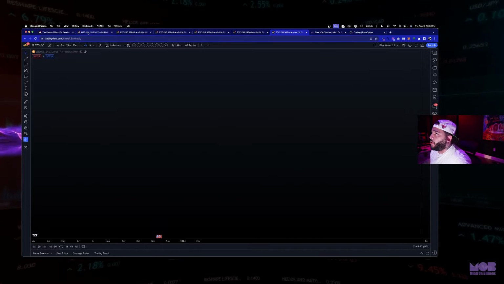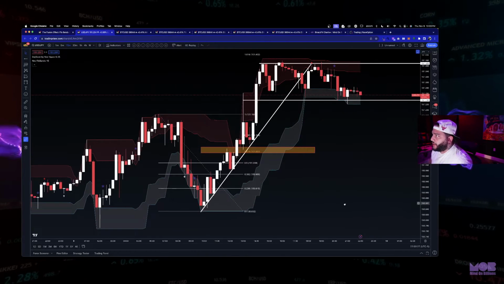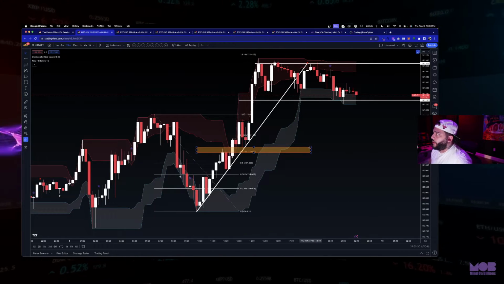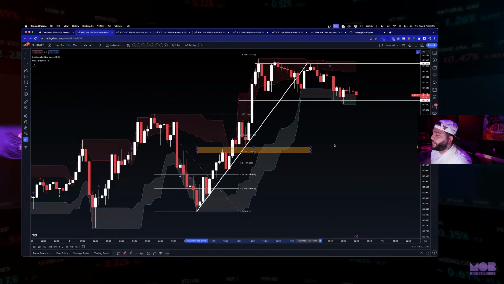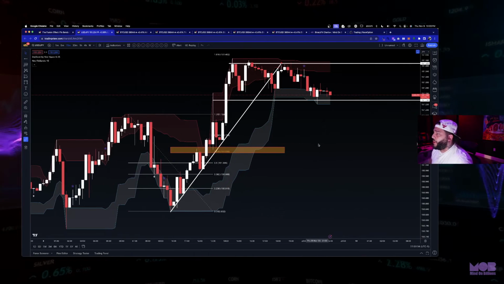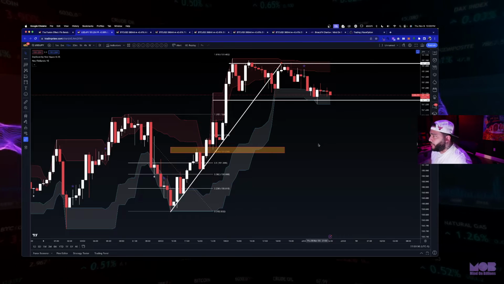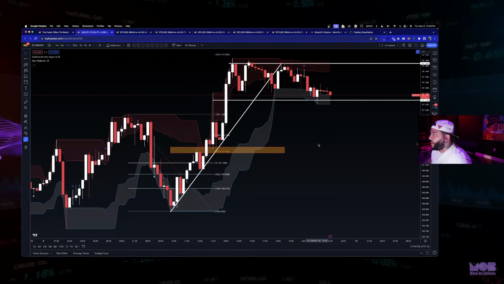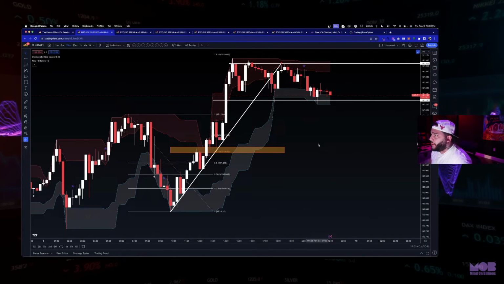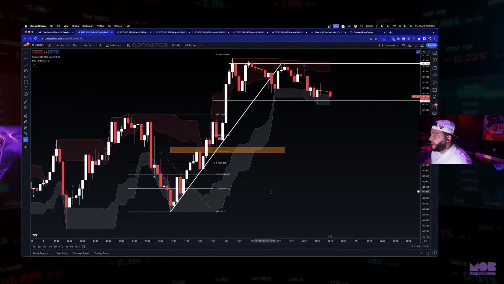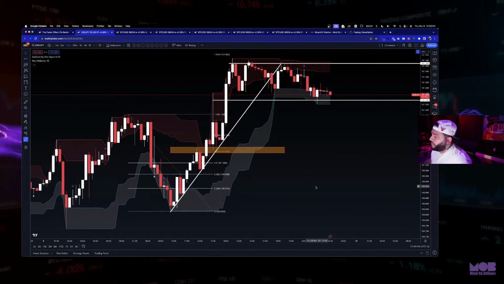So long story short, ladies and gents, the market consists of a couple of cool things. We went over Fibonacci briefly, wick to wick, whether it's downtrending or uptrending. Take a look at some of these levels. It's important.